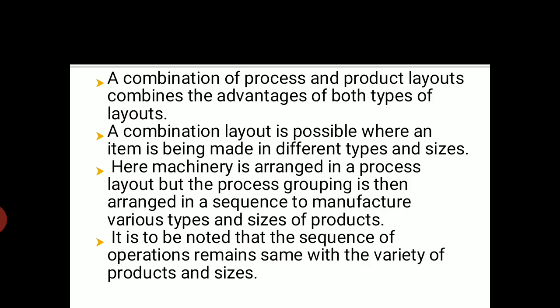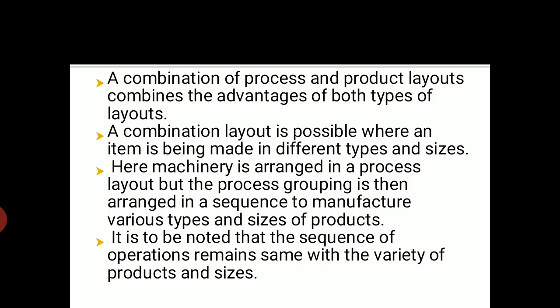What is the speciality of process layout? We group together all those machines which produce similar types of goods, or similar functioning machines are grouped together, and that is why it is known as functional layout, if you remember, right? So the layout is placed in the form of process layout, but the process goes on in a sequence.